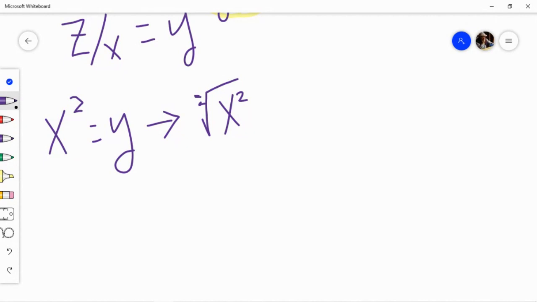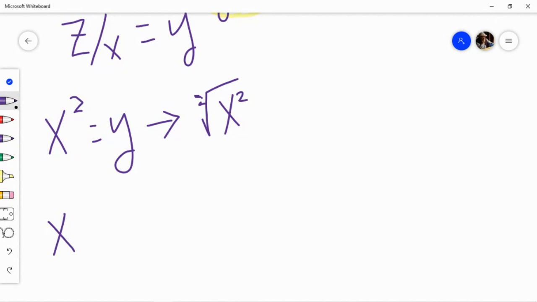But that is a simplified form. Actually, the square root must have a 2 here. Why? Because there isn't only the square root. There is the third root or cubic root, the fourth root, fifth root, sixth root.